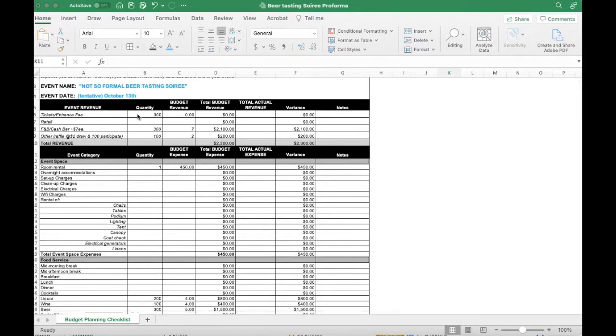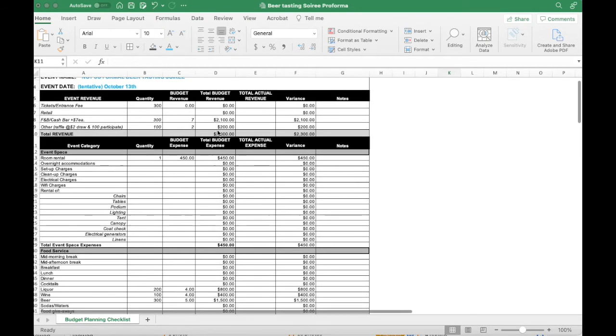So ticket entrance fee, I'm going to say 300 people have RSVP'd to this. I'm not asking them to buy a ticket, but people will return. I'm not selling any retail, and I'm going to have a cash bar there. 300 people average about $7 per ticket, so that's $2,100 in revenue, and this will be revenue to the venue in this particular case.